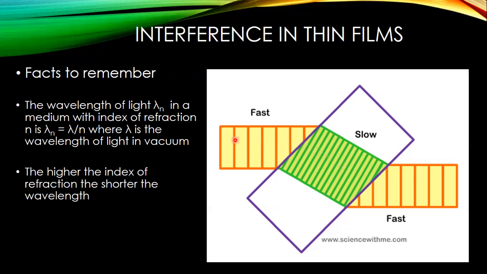So we have to consider not just what the wavelength of light is in air, we have to consider what the wavelength of light is in the medium from which the film is made. The wavelength of light in any medium is equal to the wavelength in air, or vacuum really, divided by the index of refraction.